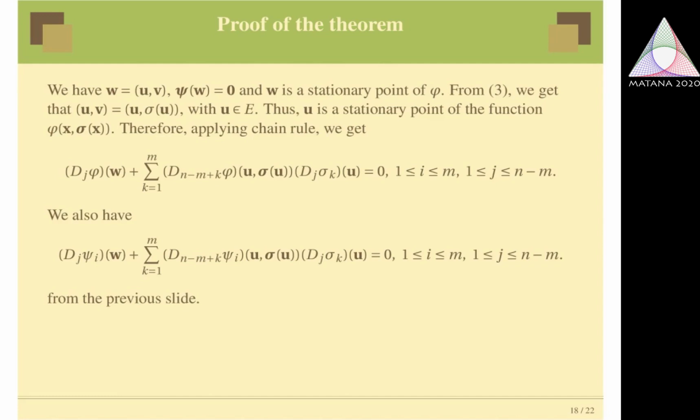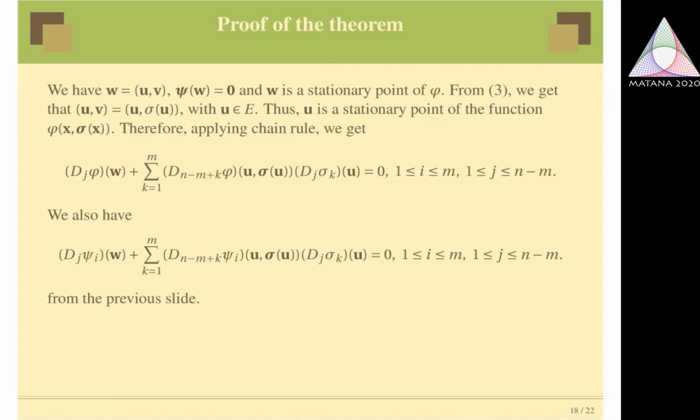Applying the chain rule, we get that ∂_j φ at (u, σ(u)) plus the sum over k from 1 to m of ∂_{n-m+k} φ at (u, σ(u)) into ∂_j σ_k evaluated at u is equal to 0.